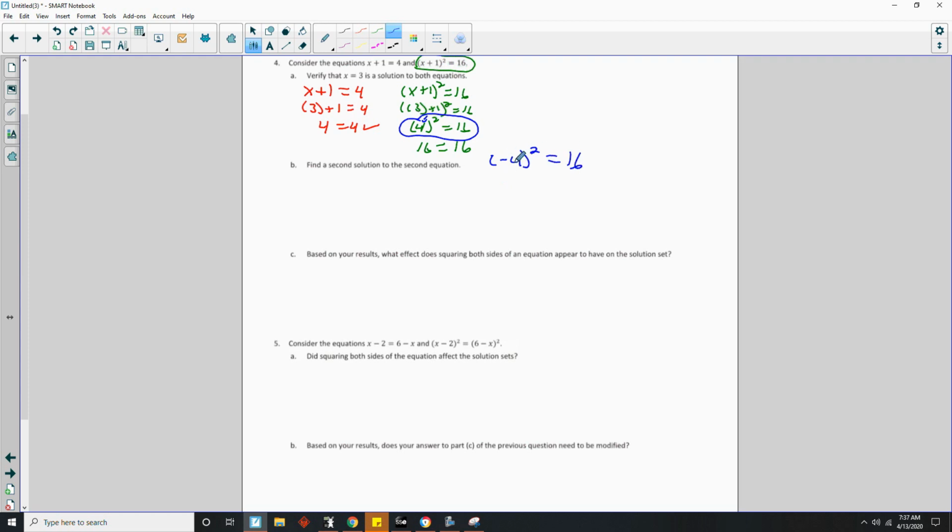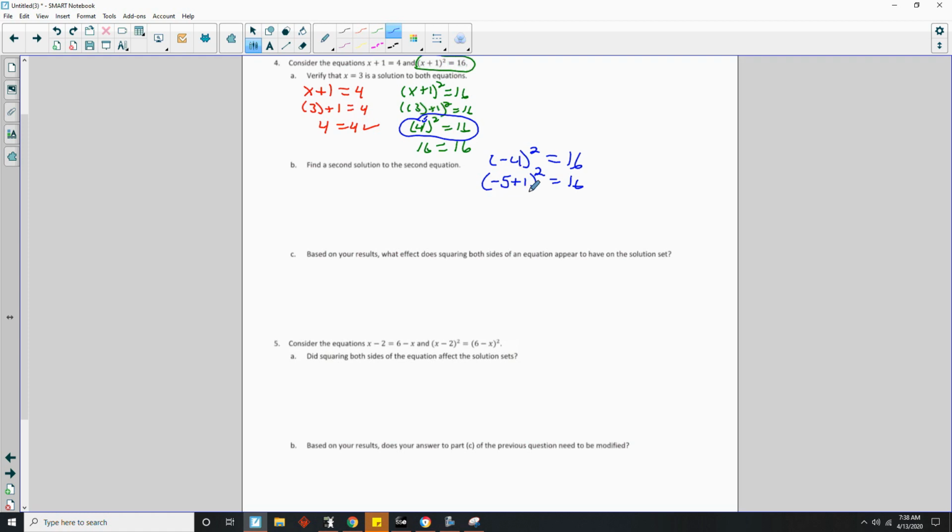So now I want to break this up, and I know that it's something plus 1 squared equals 16. What do I put here to get a negative 4 up here? Well, if I add 1 to something, what was that something to get negative 4? It's negative 5.